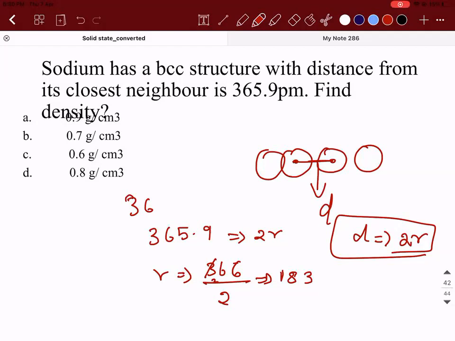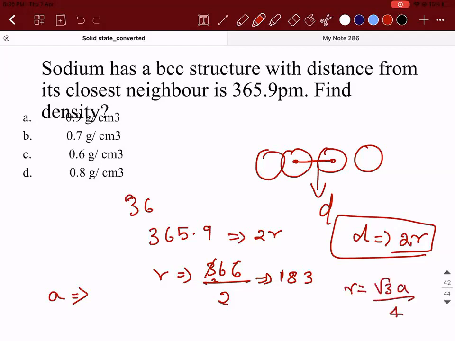Now for BCC, what is your formula for edge length? r is equal to root 3 a by 4.